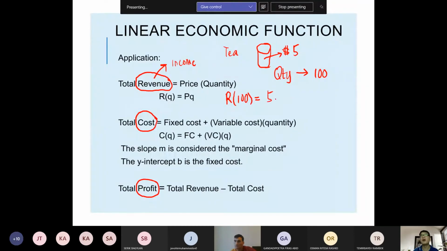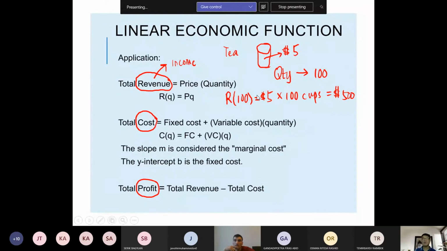Very good. It will be $5 times 100 cups. So it will be $500. So in business, we calculate revenue by using the selling price multiplied by the quantity.